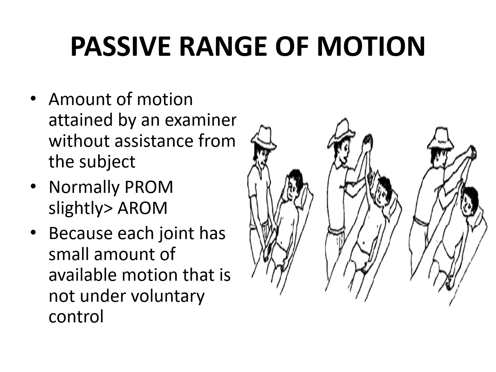When the therapist is taking the joint into abduction or adduction or whichever movement, and simultaneously measuring the range of motion, that is known as passive range of motion.